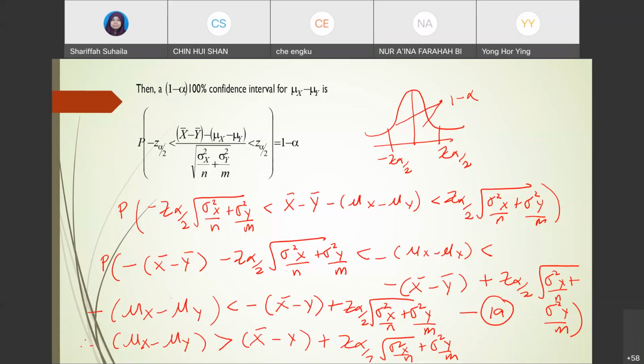So let's say kamu derivkan equation 1a and then equation 1b. And then at last tu kamu rearrangekan balik dia punya inequality dia. Then baru kamu dapatkan dia punya the last equation that we have here. Cuba derivkan dulu.